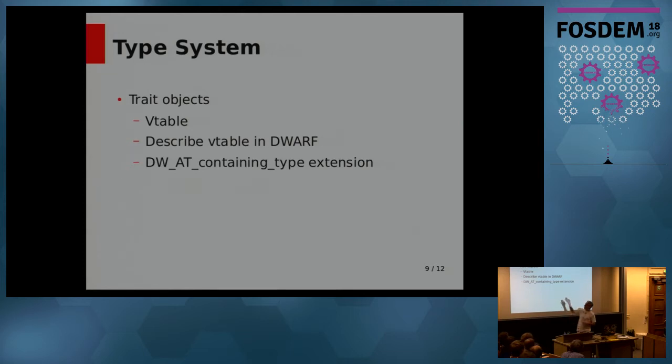Well, one way to do it is a thing called a trait object, and what a trait object is, is a pointer that has two slots. One slot points to the payload, some piece of data, your integer, your point, and the other slot is a virtual table.